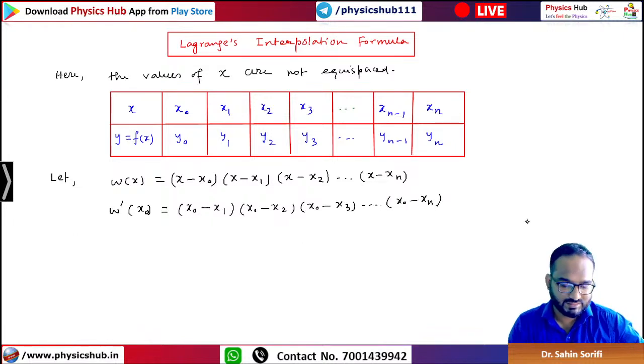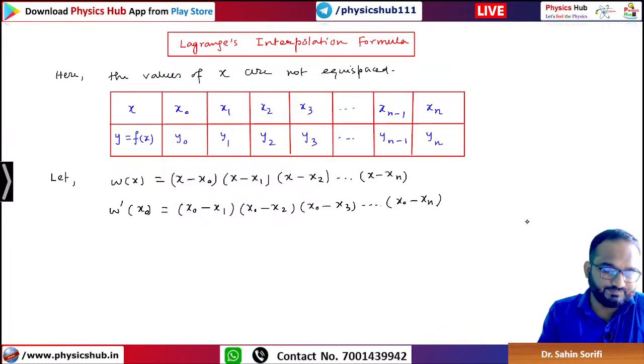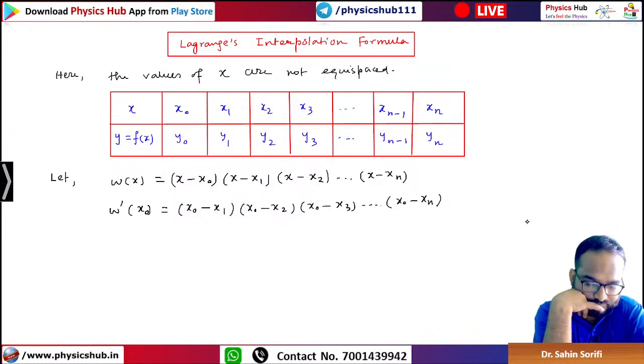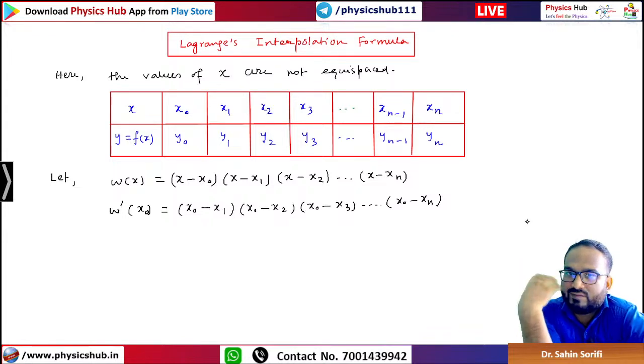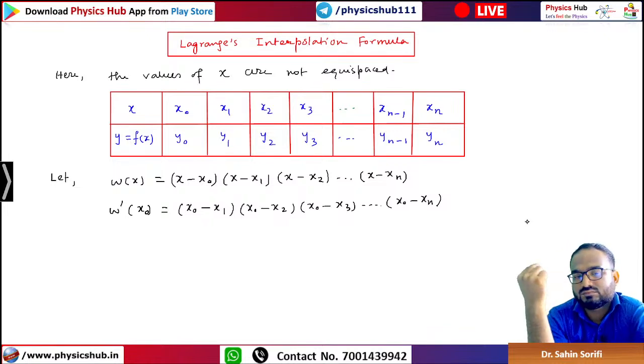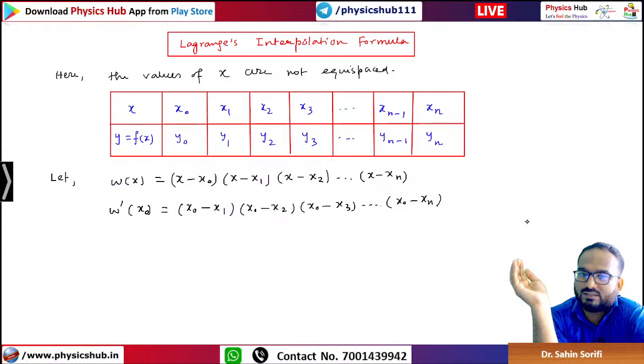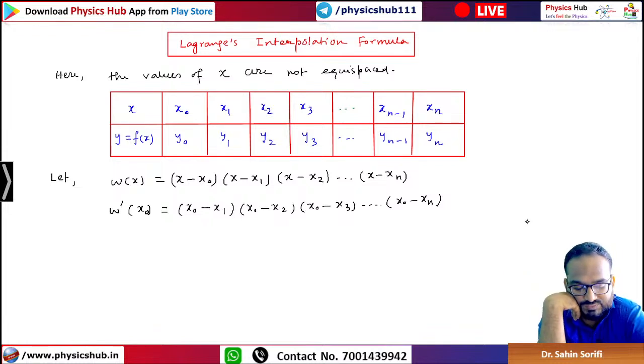Do you understand this line or not? First imagine what w prime of x would be, then you will get n number of terms. Once you put x equals x0, only one term will survive, the other terms will all be 0. Is it understood, Harry, Murli? You people got it?